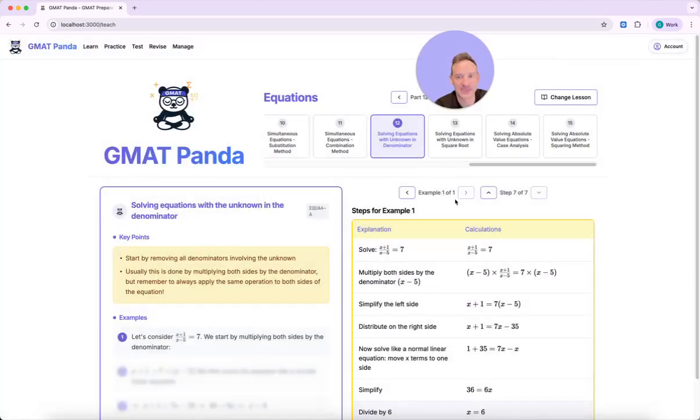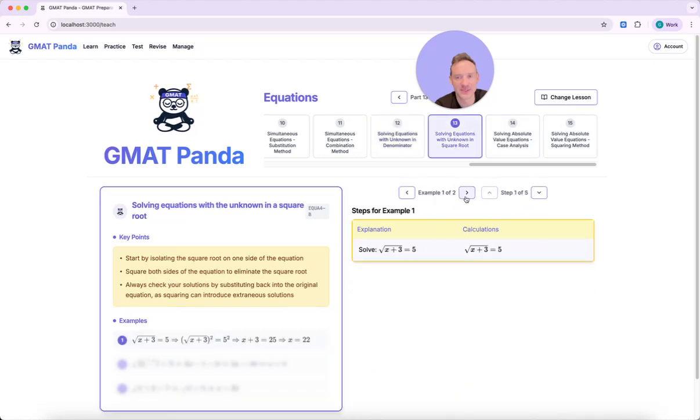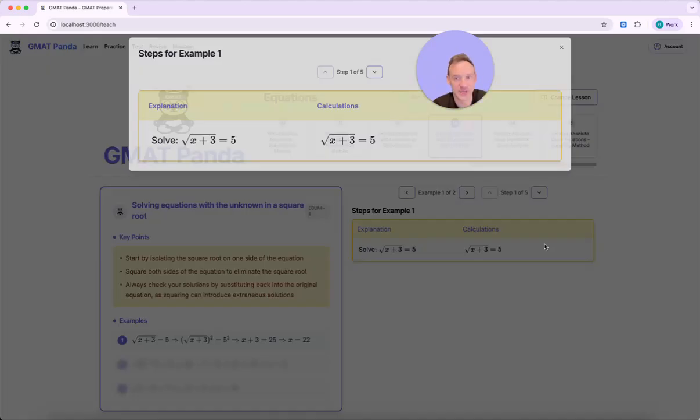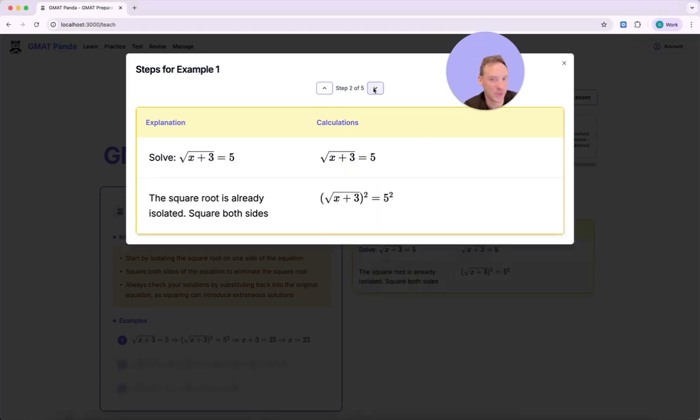Now, let's see another type of problem we can have, which is with a square root. And here it's the same principle. We want to get rid of that square root as soon as possible. So what do we do in this case? Well, we can square both sides of the equation.